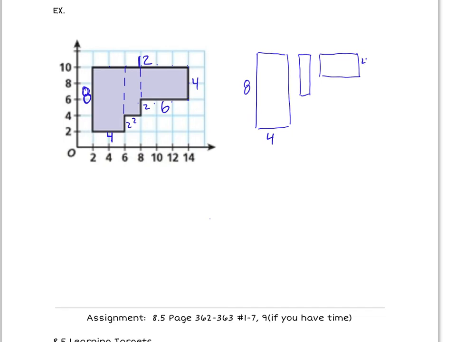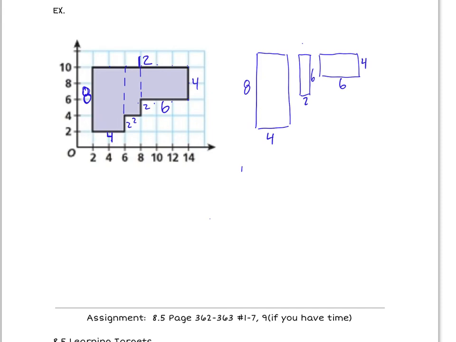We know this guy is 4 tall and 6 wide. This guy is 2 wide, and we have to figure out how tall. So if we look back at our original, we were 4 from here to here, plus another 2, so we would be a total of 6 tall here.